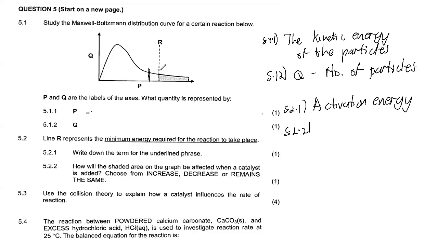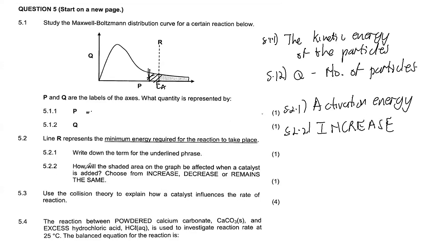So if we push back this activation energy here, because R is representing the activation energy, the shaded area here will obviously have to increase, right? So our answer for 5.2.2 is increase.